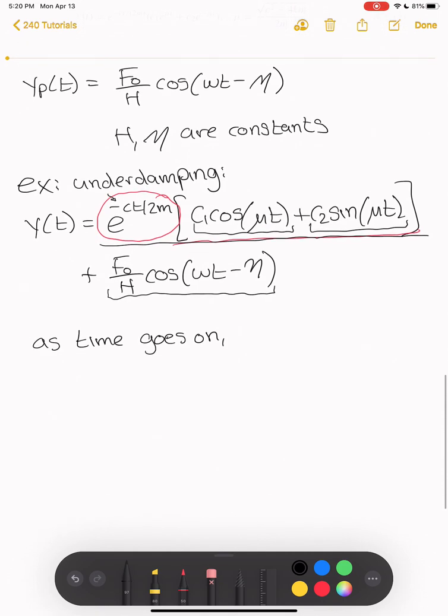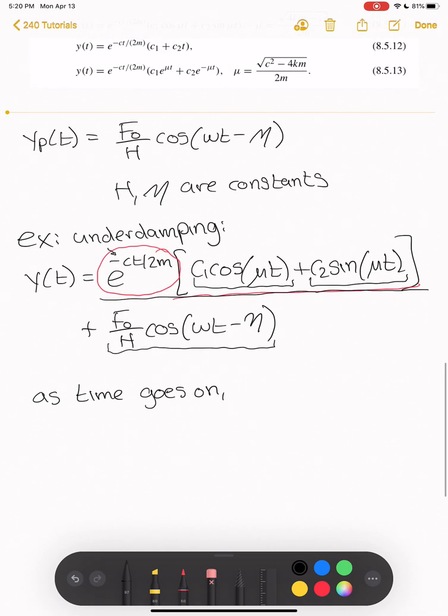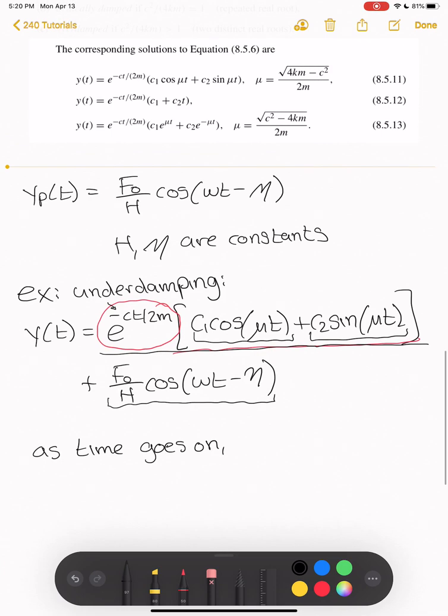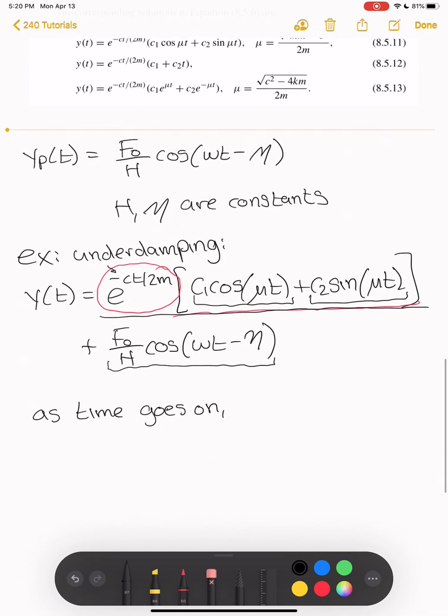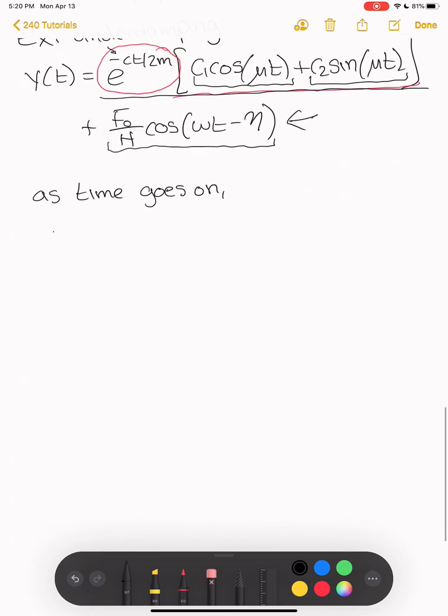Physically, this means that if I apply some outside force in a case where there is underdamping already in my system, eventually the outside force is going to dictate the motion completely. So what this looks like is, again, time and position.